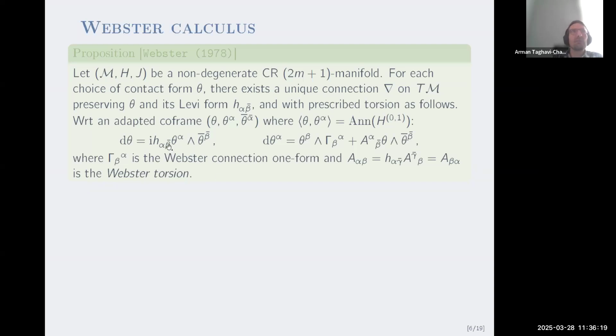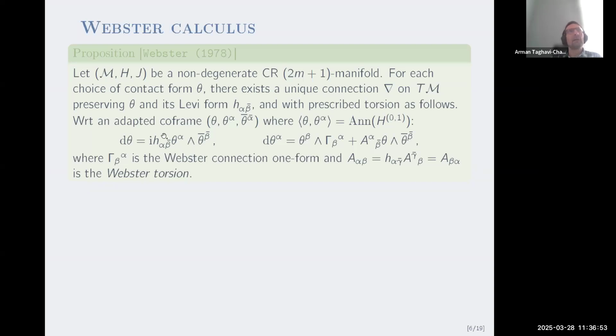Of course, I can never get rid of this H here, and H, this Levi form, is part of the torsion, and you can never get rid of it. On the other hand, if you take d theta alpha, you get these structure equations. Gamma here would be the connection one-form of this Webster connection, and this capital A here is the so-called Webster torsion, and it's symmetric in its indices.